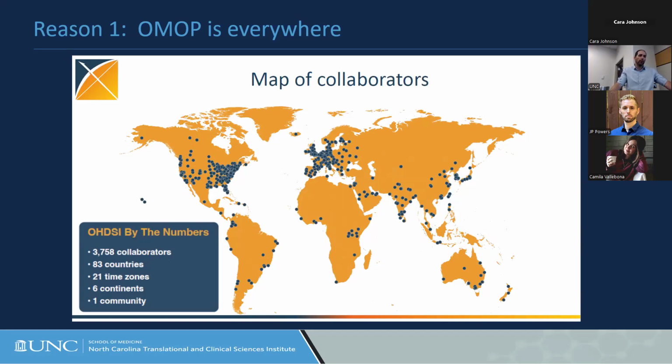There's a lot in Asia, particularly very active groups in Japan and South Korea. I was surprised; I'm not familiar with any groups in India, but obviously there are many collaborators on this map in India. More in the Middle East than I expected. Relative to other data platforms, I'd say more in South America and in Africa than you see elsewhere.